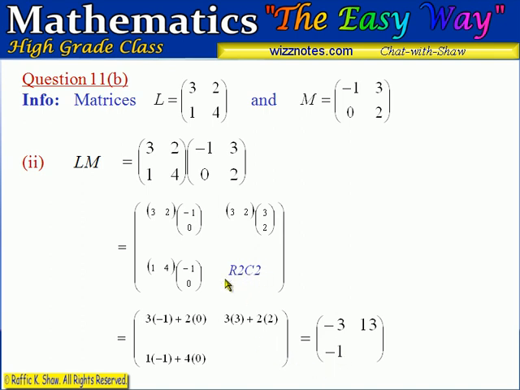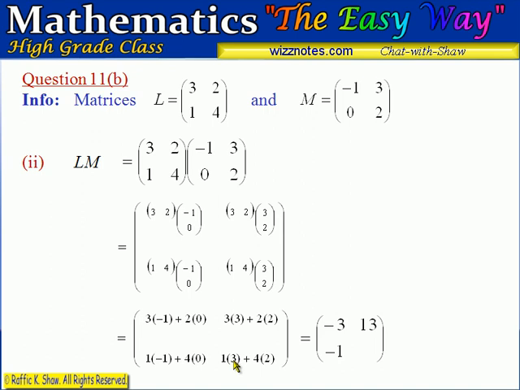And then this final element is in row 2, column 2. So we multiply row 2 by column 2. So let's show the matrices here. Row 2 is 1, 4, and column 2 is 3, 2. So we're doing this multiplication here. So it's 1 multiplied by 3 and 4 multiplied by 2.